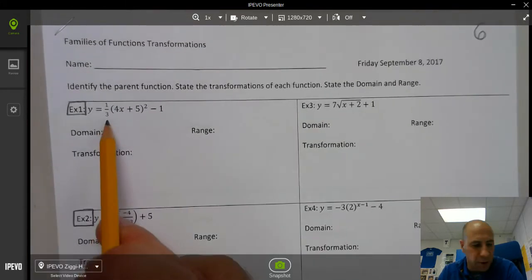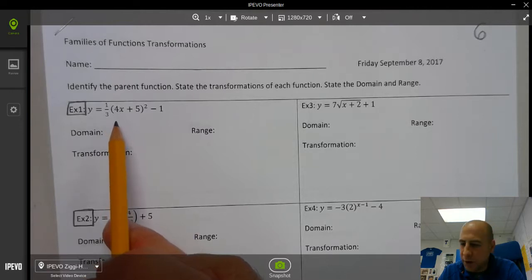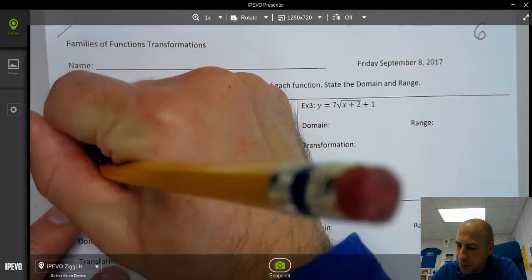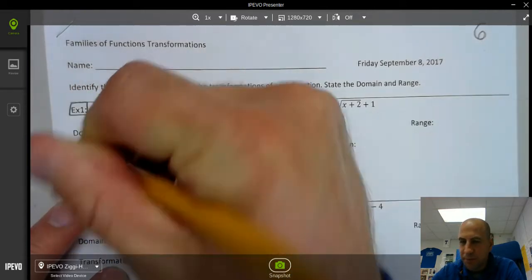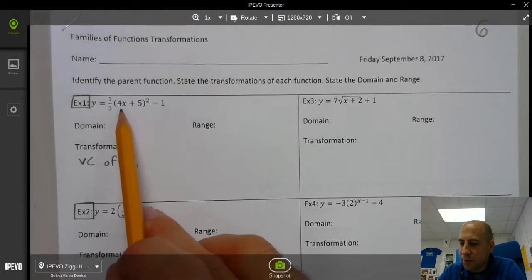So I see the 1/3, it's outside the parentheses, so that's the a value. It's between 0 and 1, so it's a vertical compression. And you can just put VC of 1/3. Okay, now moving on. We have the number inside parentheses, so that's 4. Now that's a horizontal, it's greater than 1, and so it's a horizontal compression.